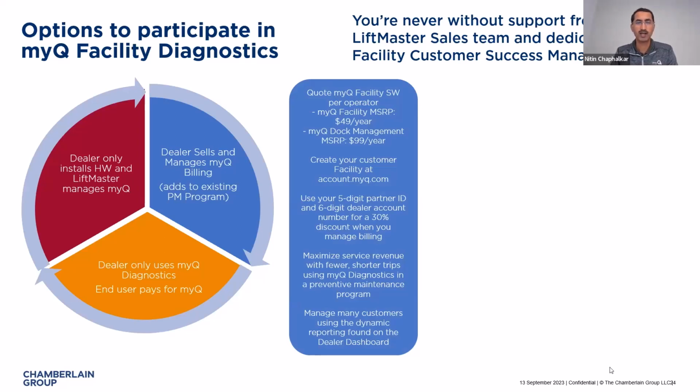So if a fire station has 6 or 7 doors, then they are paying about $300 a year, roughly. And that's the list price. As a dealer, you will get 30% off of that when you manage the billing. And that's one end of the stick.